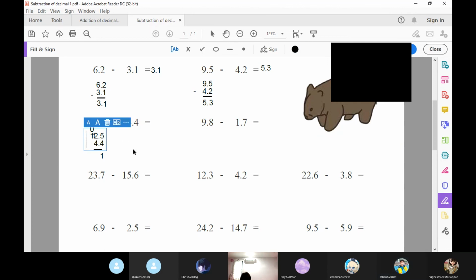On the top a bit lah. Depends lah how you all going to show. As long as you give me the correct answer, it's enough. Okay, so 12 minus 4 is equals to 8. 8. Very good. So the answer is 8.1. Very good. Good.